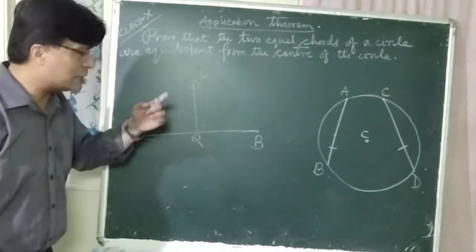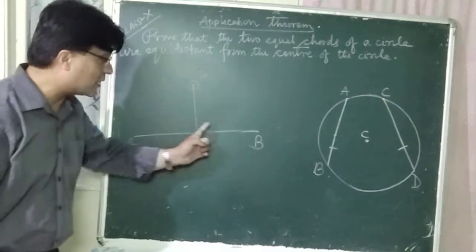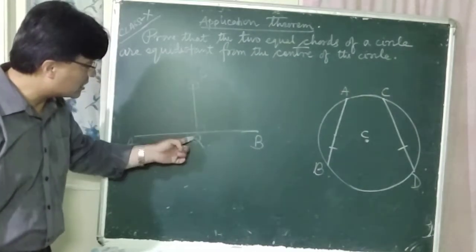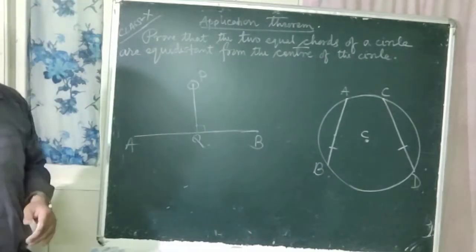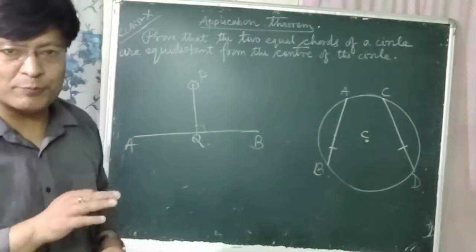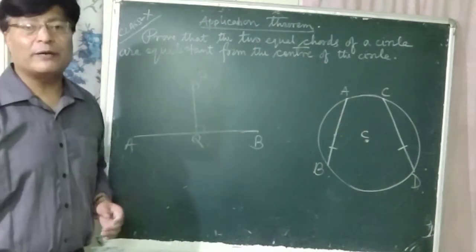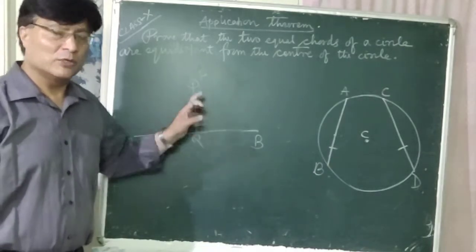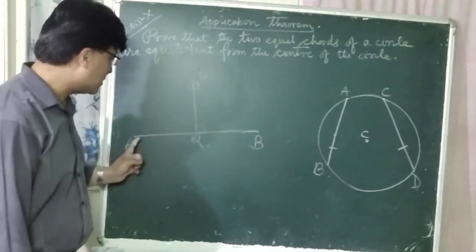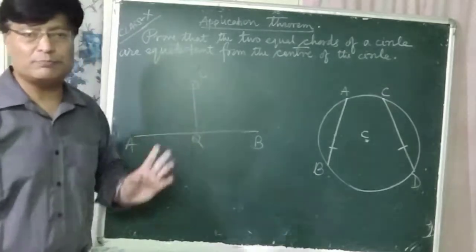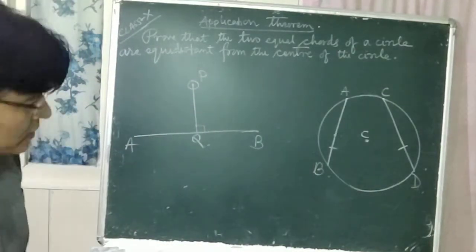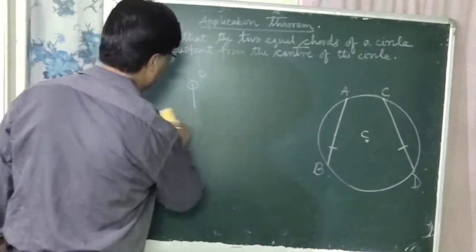So the distance of the point P from the straight line AB is the perpendicular distance PQ. PQ is the distance between the straight line AB and the point P. Is that clear? We have to remember this.